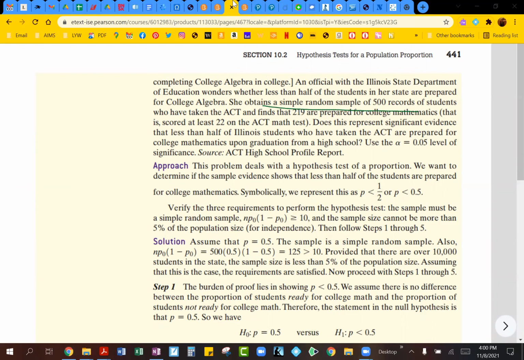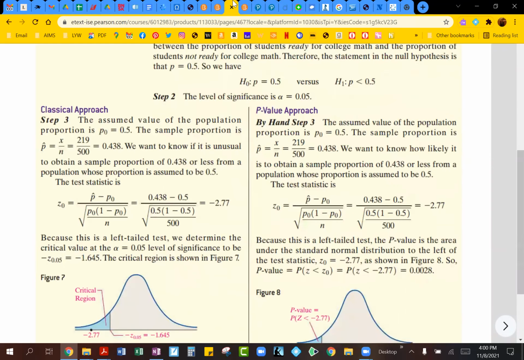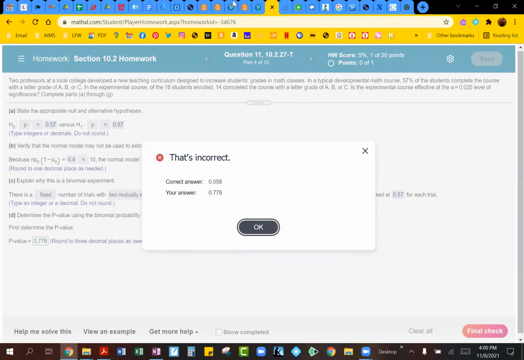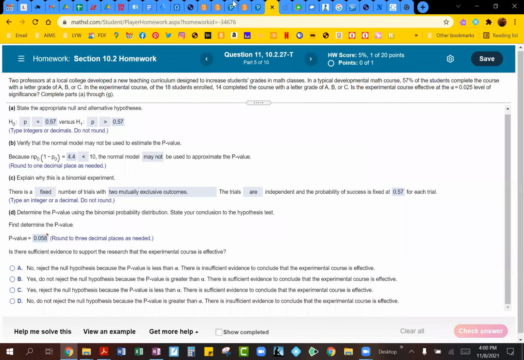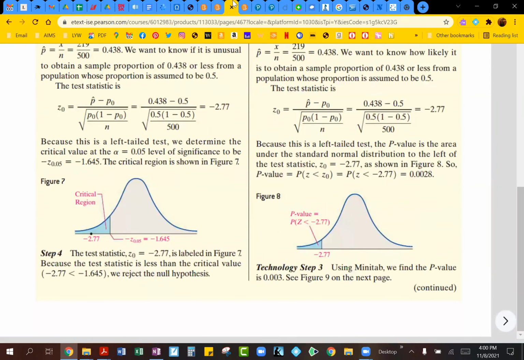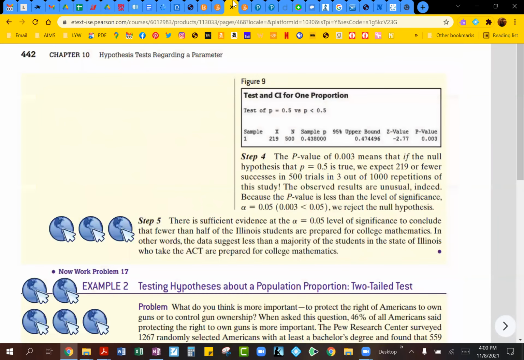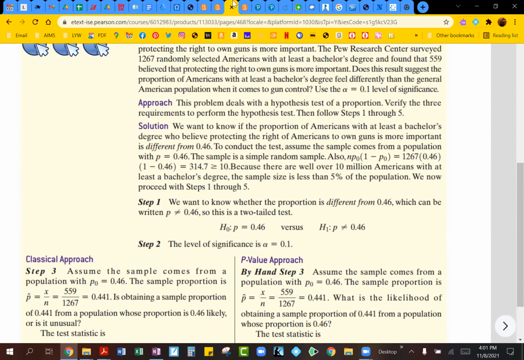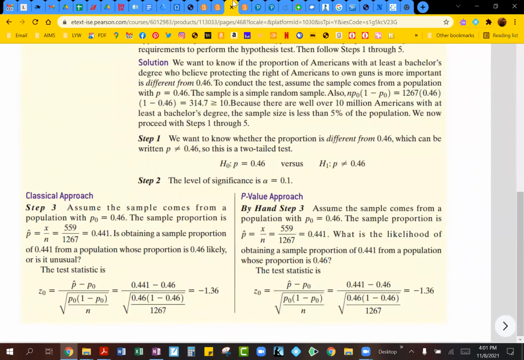From a random sample of 500, we had 219. Well, we've got a final check. So let's see, it should actually be 0.058. Okay, so we are definitely doing something wrong over here. But that's how I remember calculating the p-value.